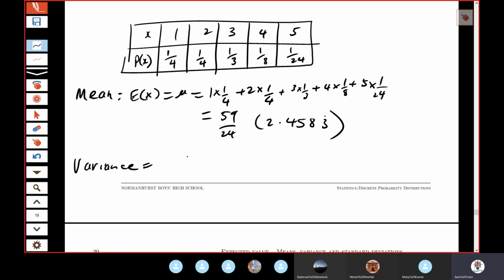That should be easy. Variance. The formula is E of x squared minus mu squared.